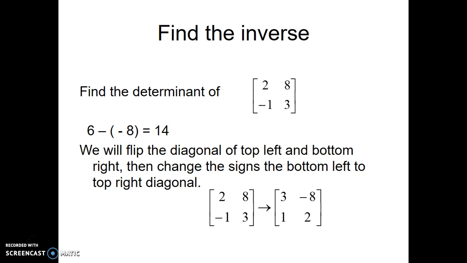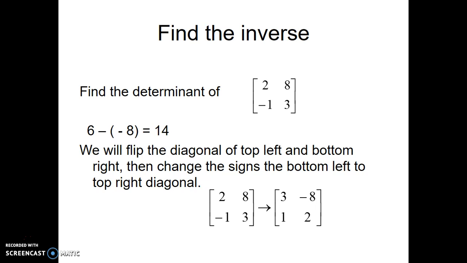It's always A times D, going from top left to bottom right, minus B times C, which is top right to bottom left. So we have 2 times 3, which gives us 6, and then 8 times -1, which gives us -8. So we end up with 6 minus -8. Remember, when we subtract a negative, we get a plus, so 6 plus 8 is 14.